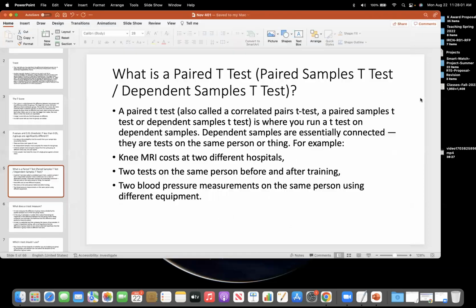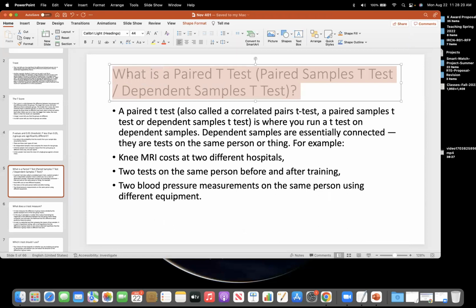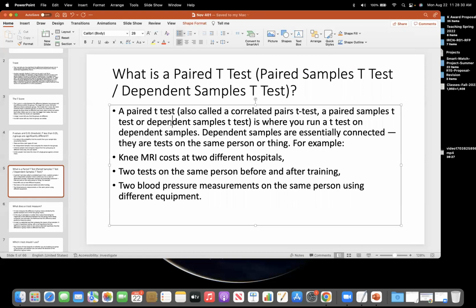So people end up using the same or similar type of t-test for those experiments. One of the t-tests which is very commonly used is a paired t-test or paired sample t-test, or it's also called a dependent sample t-test. It's just a different name for the same t-test, right?